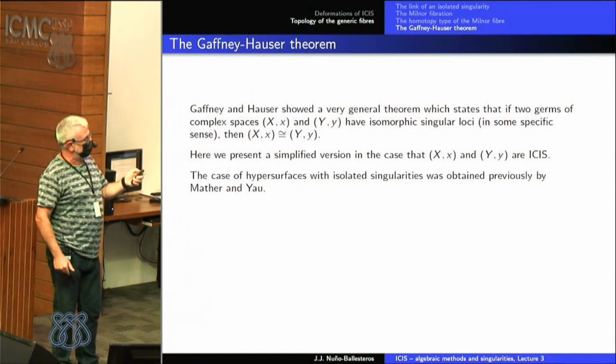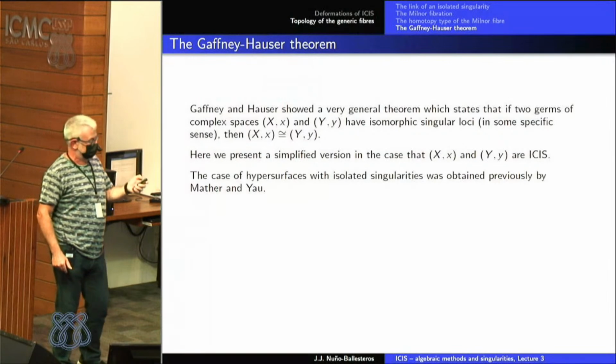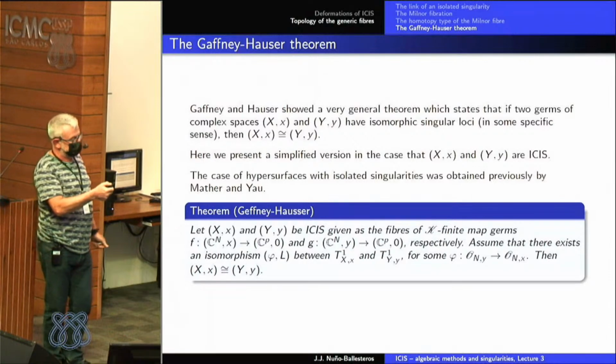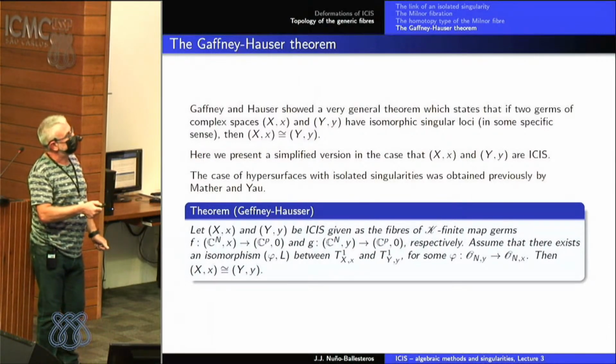The case of hypersurfaces with isolated singularity was obtained previously by Mather and Yau. So the theorem says that if you have two ICIS, X and Y, which are given as the fibers of K-finite map germs F and G respectively, and assume that there exists an isomorphism phi between the T1 of X and the T1 of Y, for some isomorphism phi, then the two ICIS are isomorphic.